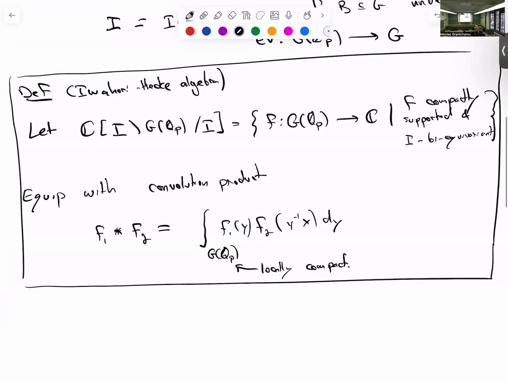Now, abstractly, this definition doesn't really shed light on what it looks like.